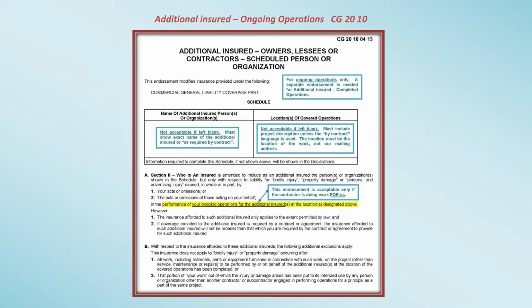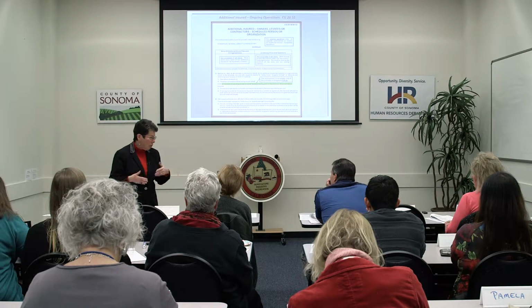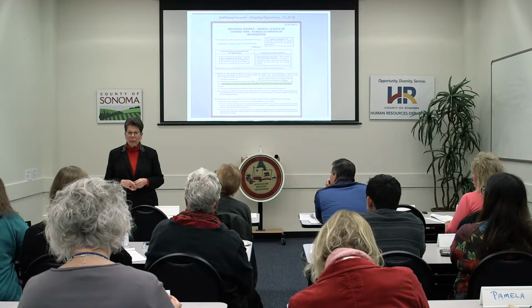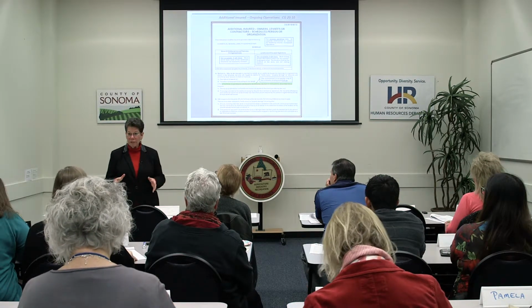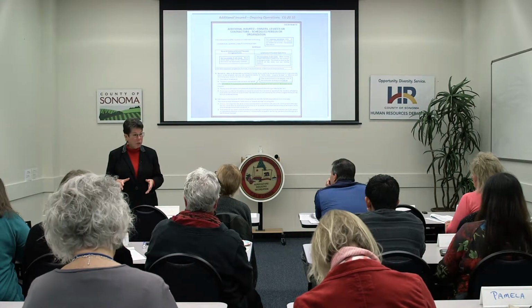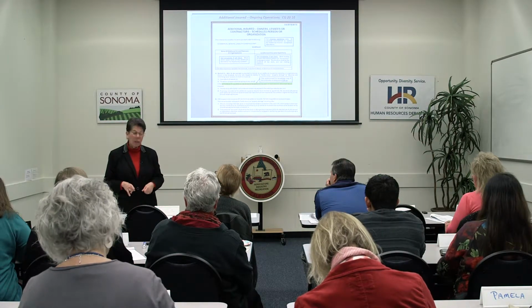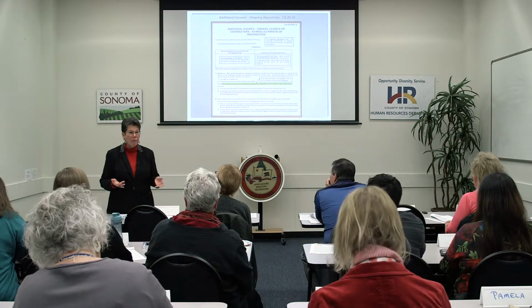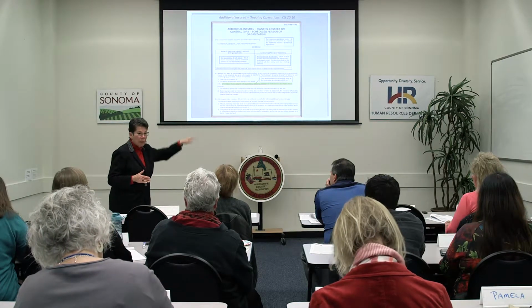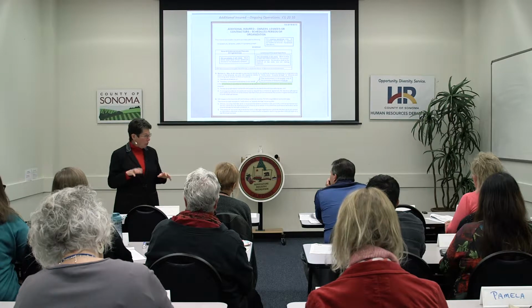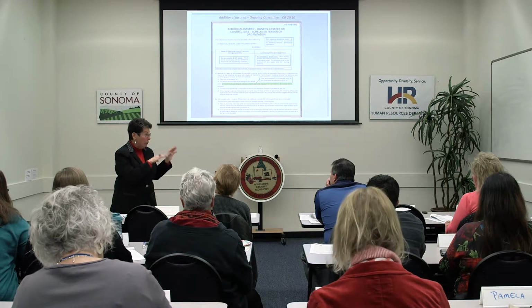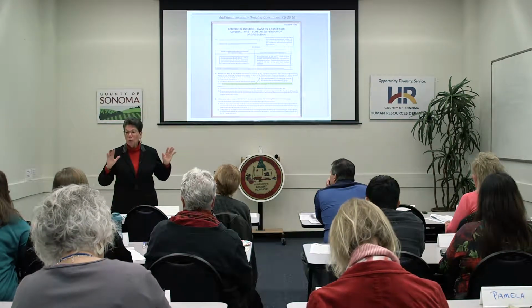So on this endorsement, on the left-hand side, they would write something like as required by contract, or if required by contract, that's perfectly acceptable because we require it in all our contracts. And then they don't have to fill in the right-hand box. So if you get an endorsement where the field is filled in with by contract language, that is perfectly acceptable to the County of Sonoma.